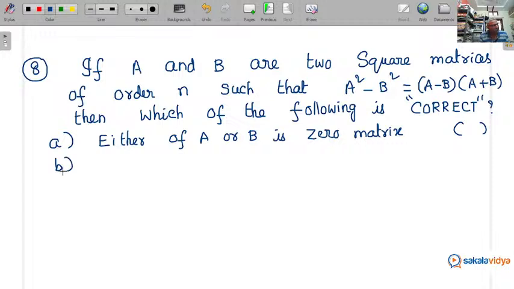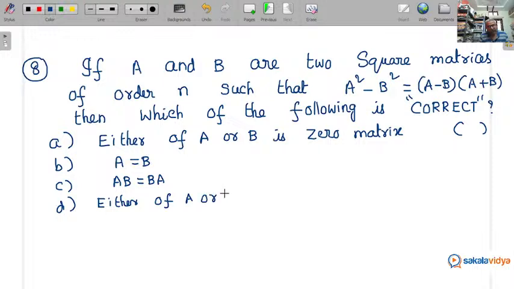B, A is equal to B, they are equal matrices. C, AB is equal to BA. Option D, either of A or B is an identity matrix.